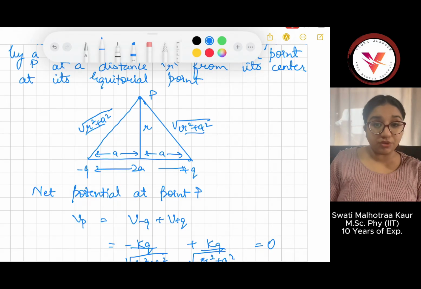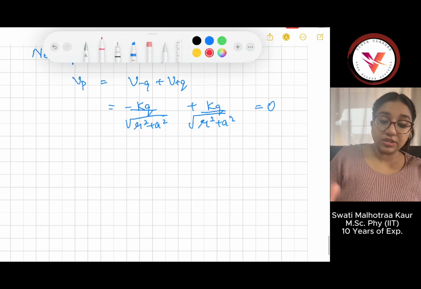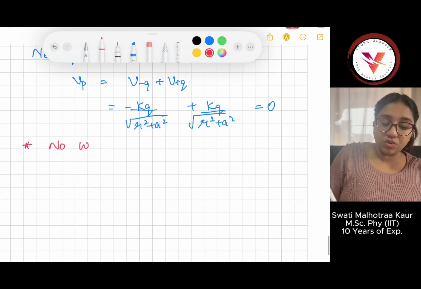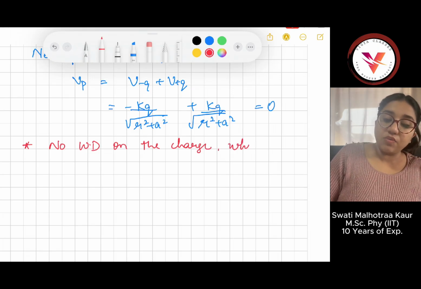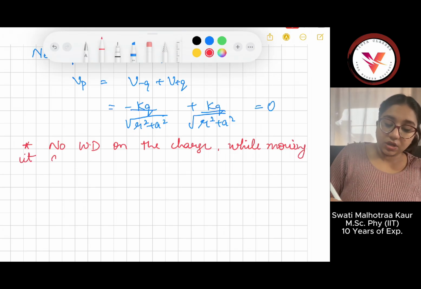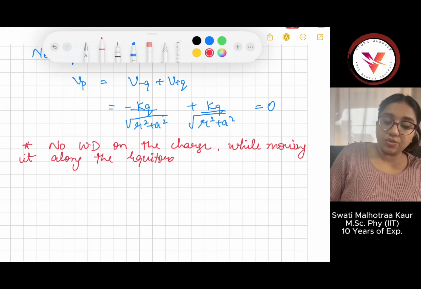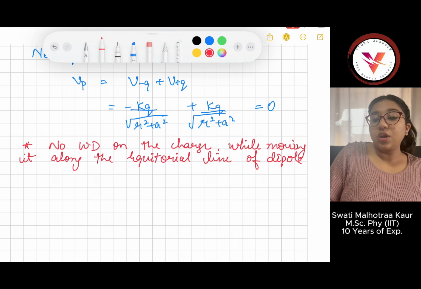Since there is no potential, no work is done if any charge moves along the equatorial line of the dipole.